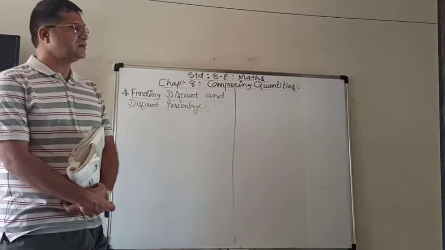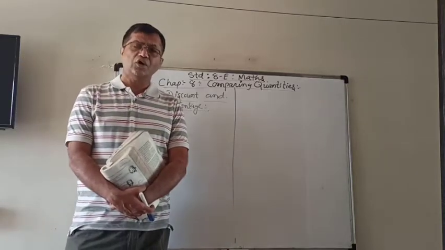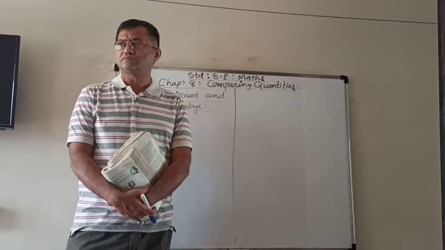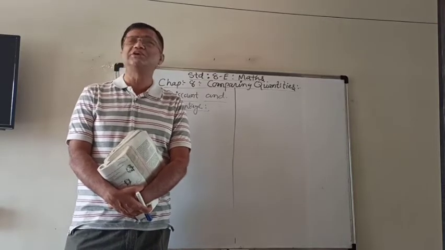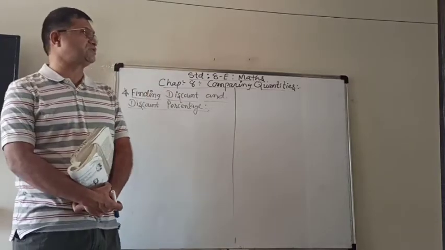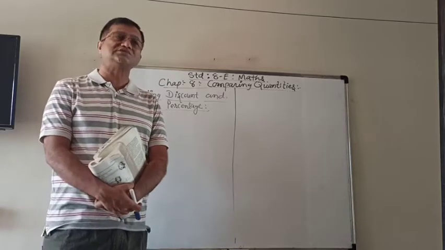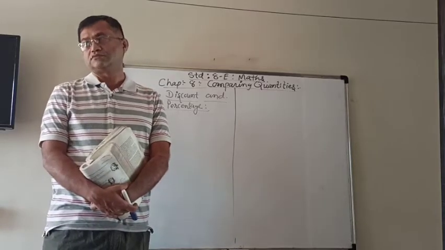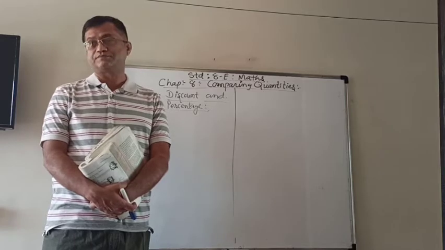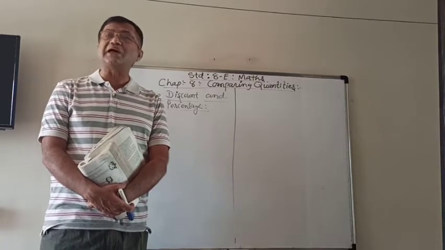Now generally during the festival season or sometimes in between also during the year, we hear about the sale, big sale of clothes and saris and so many items. What is the meaning of the sale?